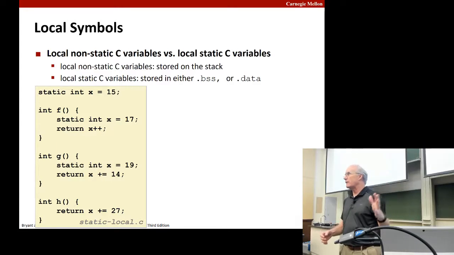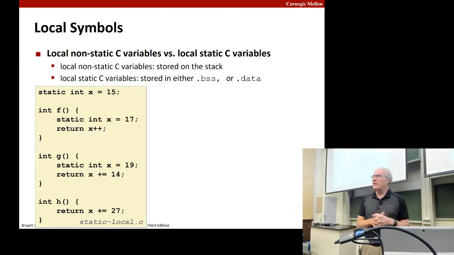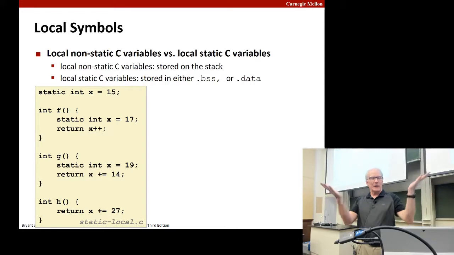And static is actually a very good habit to get into, including making your functions static if they're not going to be referenced elsewhere, just to avoid name confusion, especially if you use names like X. So to say something is static in a file makes it global within this file, but not accessible outside.